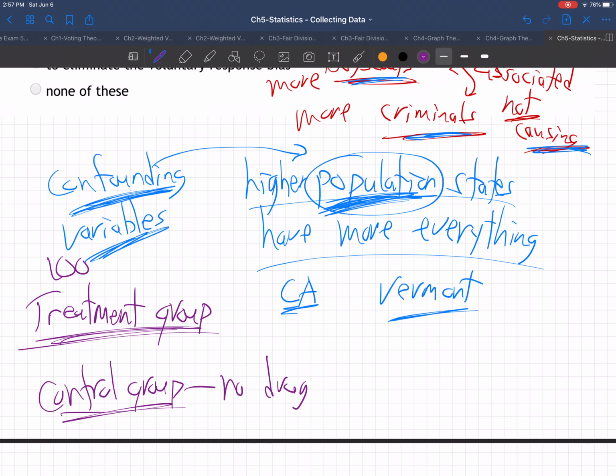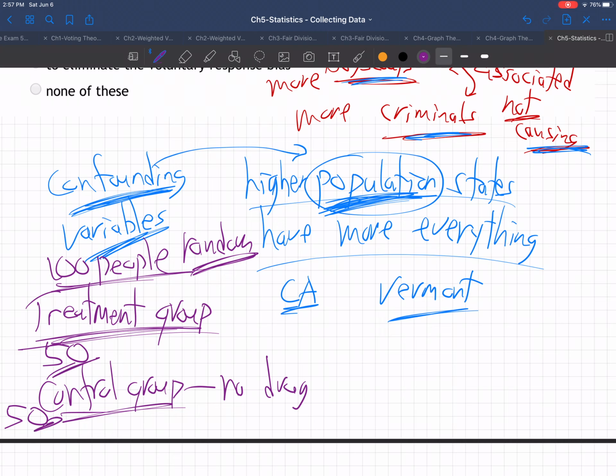You take like 100 people, and at random you put 50 in the control group and 50 in the treatment group. That way, those are just randomized people. There's nothing else unique about it. You can't put all the men in one group and all the women in the other, or all the tall people in one group and all the short people in the other.